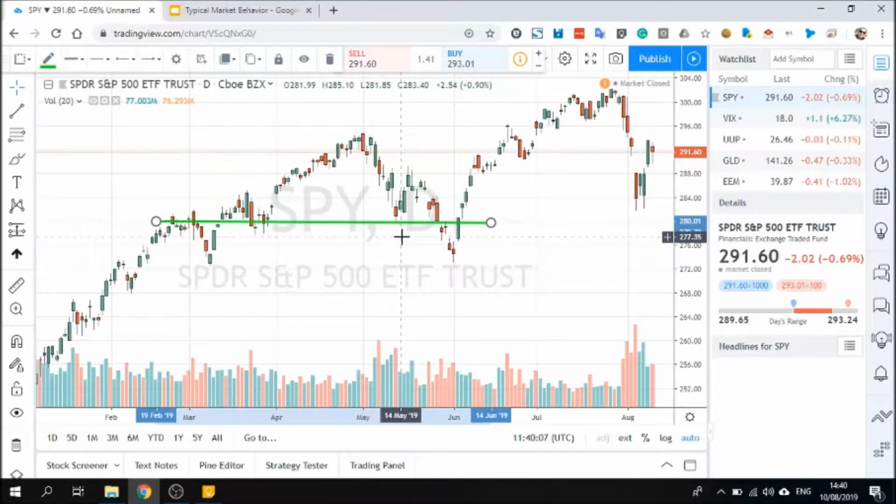So the 280 is used as some sort of support. It was broken here, which is a bearish sign, and it was broken to the upside here, which is a bullish sign. And we can use support and resistance to significantly use them as risk points to increase or reduce our position.